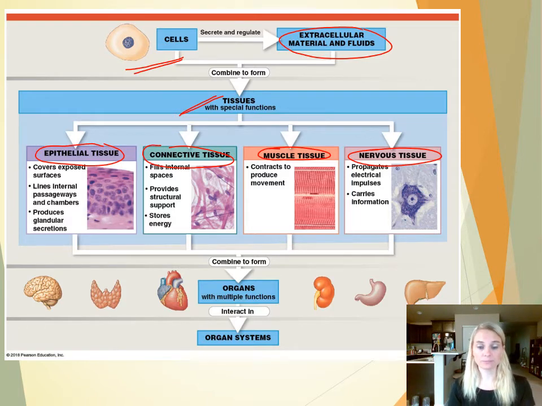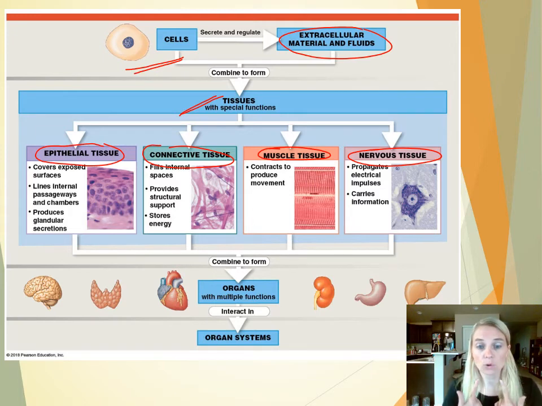So first, epithelial tissue, just in general, covers your exposed surfaces. Basically our main exposed surface is our skin, formed by our epithelium, which is made up of different types of epithelial tissue. We have lining internal passageways.